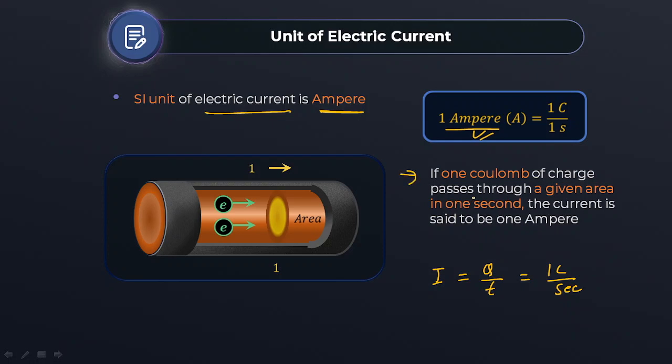If 1 coulomb of charge passes through a given area in 1 second, the current is said to be 1 ampere. So what is 1 ampere? Suppose 1 coulomb of charge passes through this area in 1 second. That will be 1 ampere, 1 by 1 is 1. Simple.